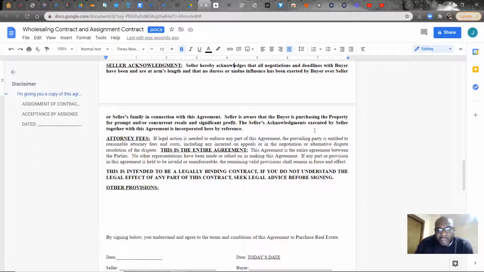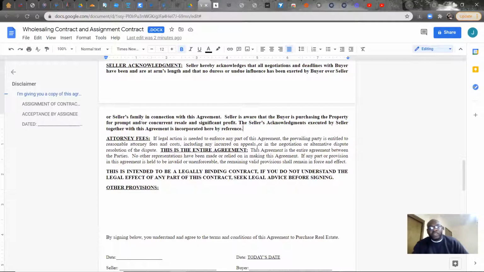The seller's acknowledgments executed by seller together with this agreement is incorporated here by reference. That's saying that upon the seller signing this agreement, they know and are fully aware that you plan to make a profit, which actually helps your assignment fee if they were to get wind that you're assigning the contract to someone else. Like, well, you signed it and you agreed that I'm making a profit off of this agreement.